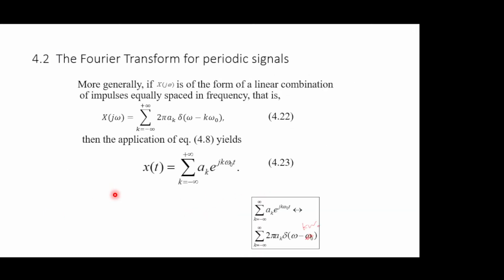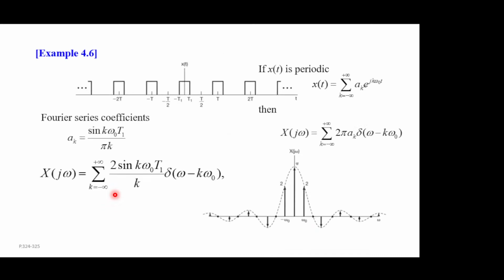But you see that we are pretty lenient on our convergence of the Fourier series. Even though this doesn't satisfy the Dirichlet condition for the convergence of the Fourier transform, or it doesn't have finite energy, we still think we can write its Fourier transform with this very singular function.